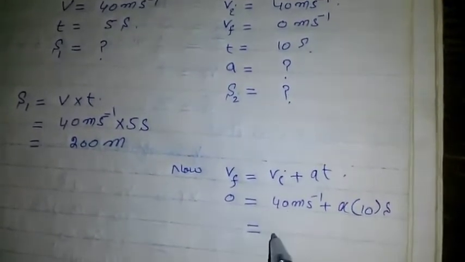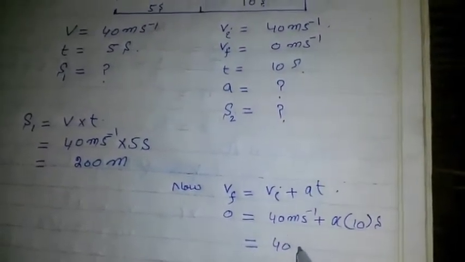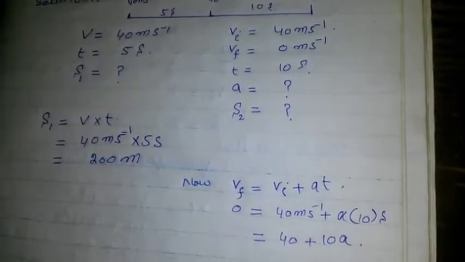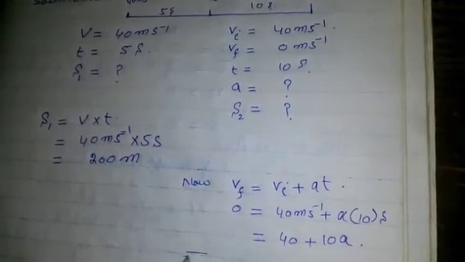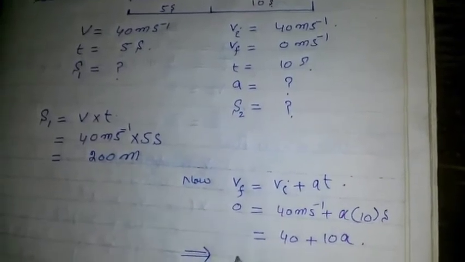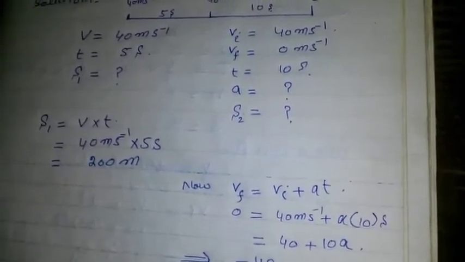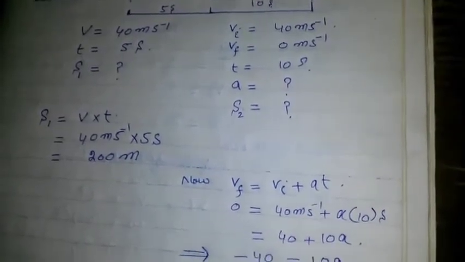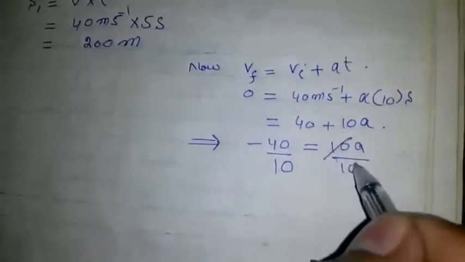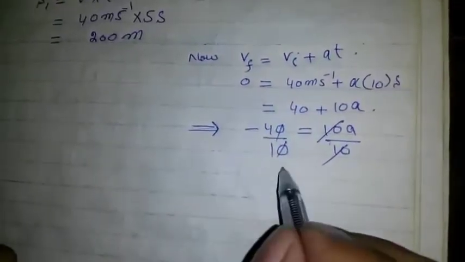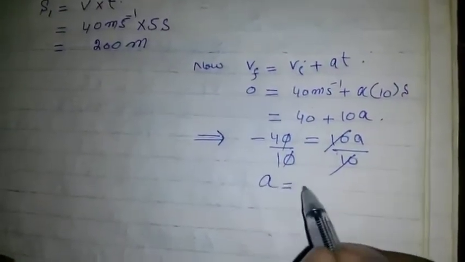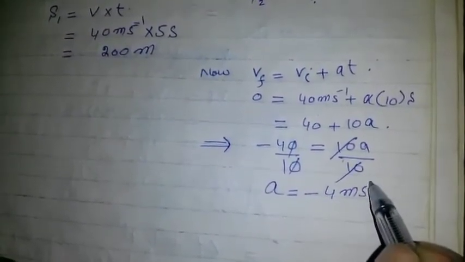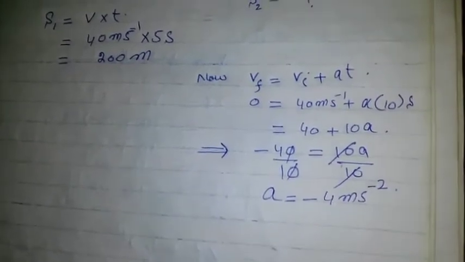This is equal to 40 plus 10 into A, or this implies minus 40 is equal to 10A. Divide both sides by 10. A is equal to minus 4 meter per second square.